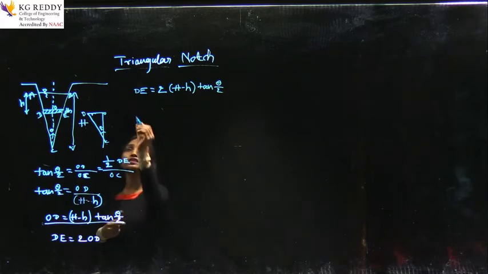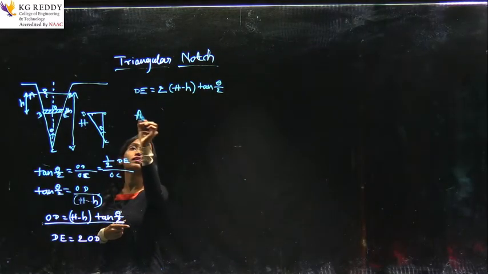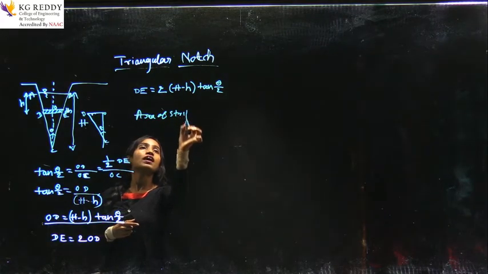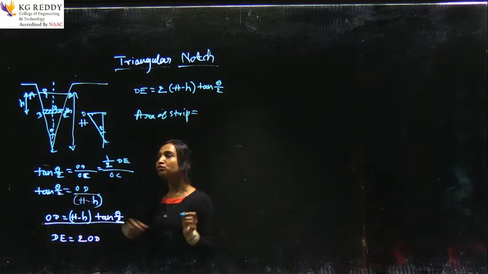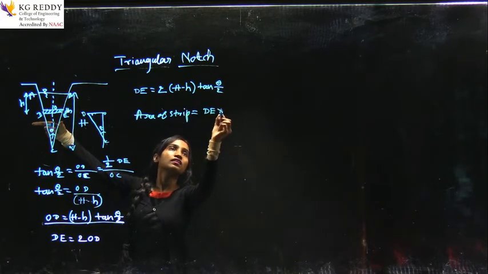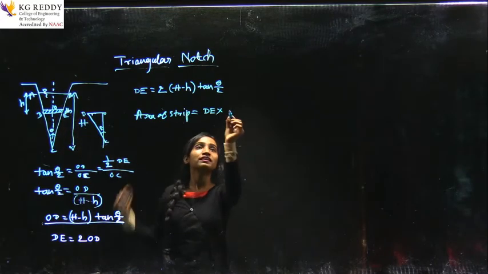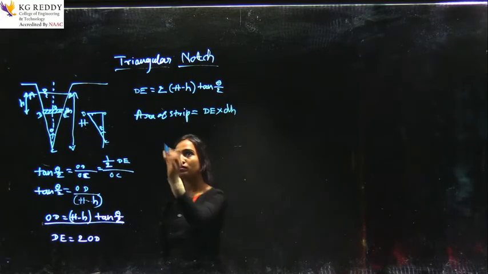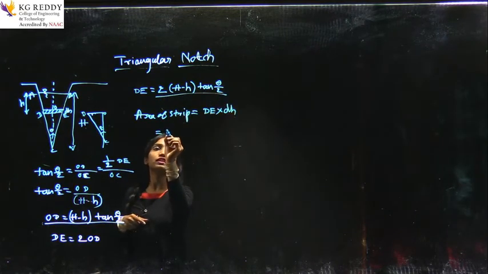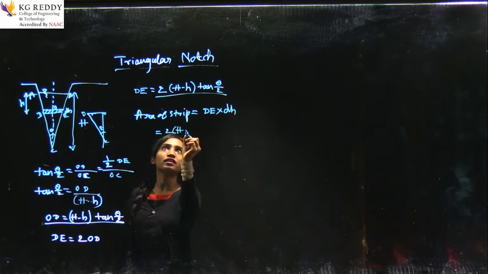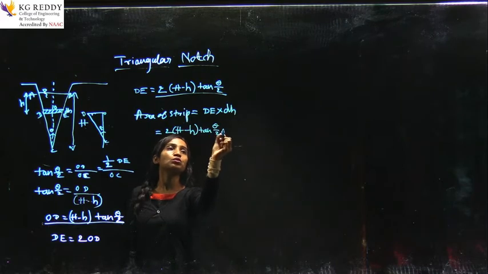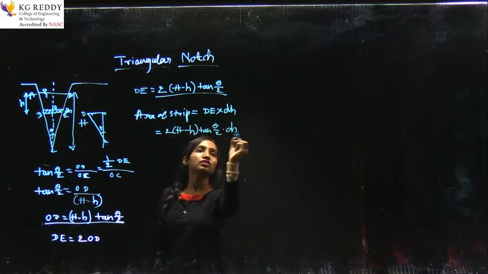Now the area of the strip is DE, the length, into height, that is dh. What did we get for DE? Just substitute it in this equation, and we get 2 into H minus h into tan theta by 2 into dh.